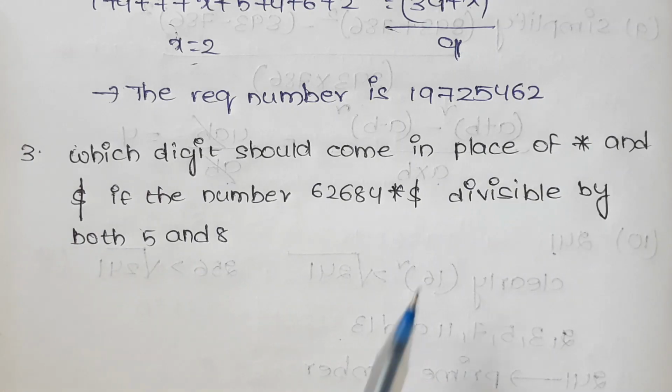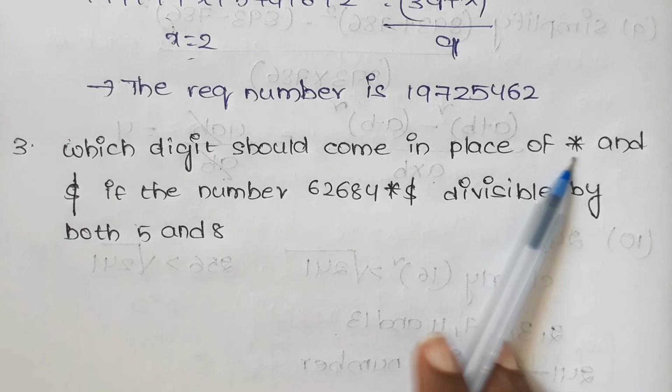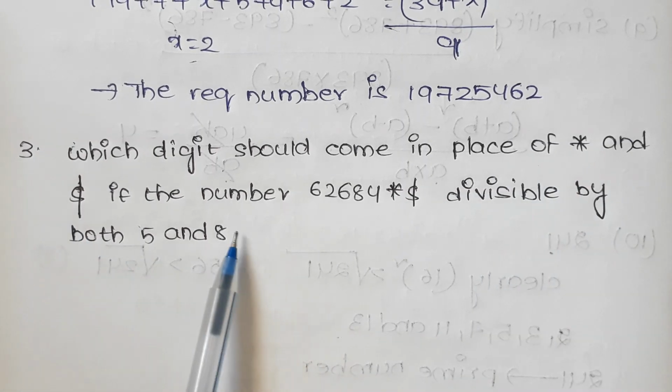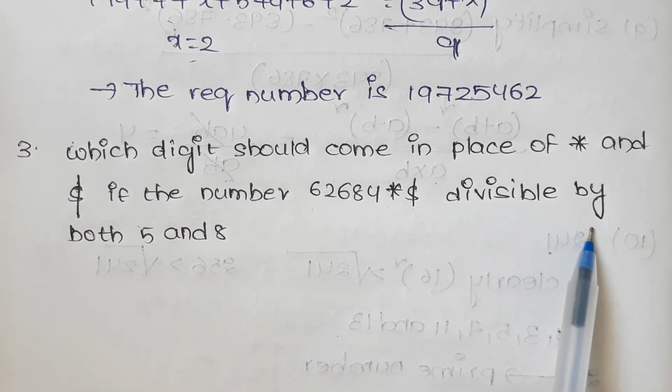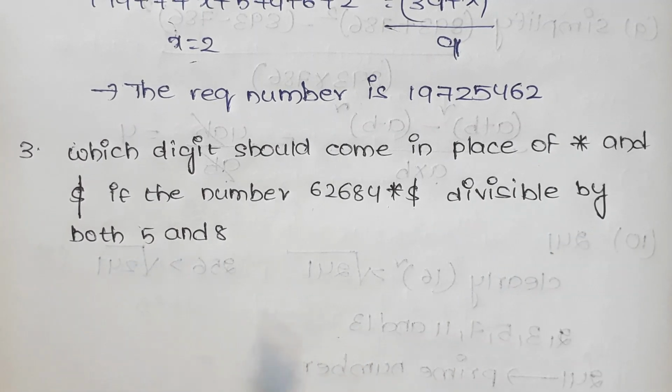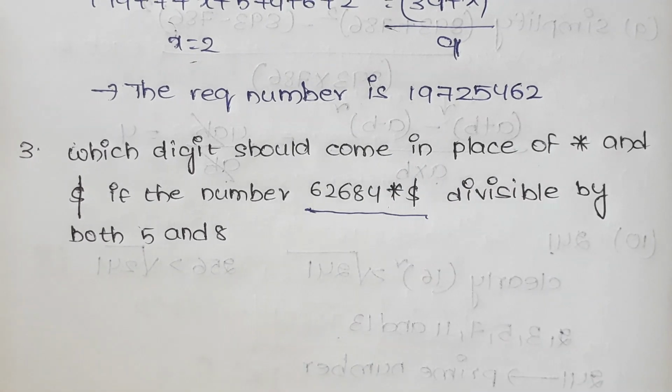Here is another question, that is, which digits should come in place of star and s if the number 62684*s is divisible by both 5 and 8. Here one number is given and in that two digits are missing.